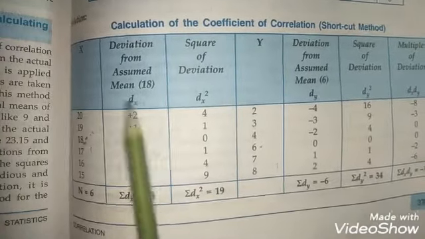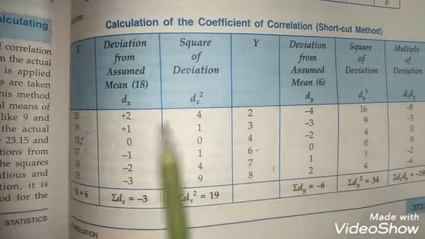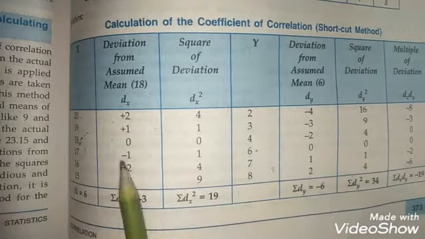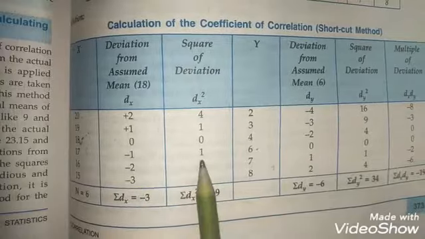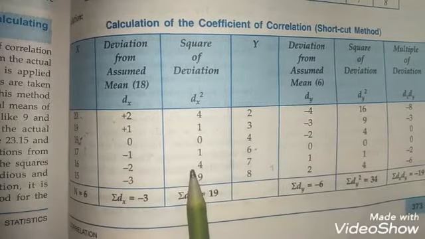Then we do the square of these deviations. Square of 2 is 4, of 1 is 1, 0 is 0, minus 1 is positive 1, minus 2 is positive 4, and minus 3 is positive 9.